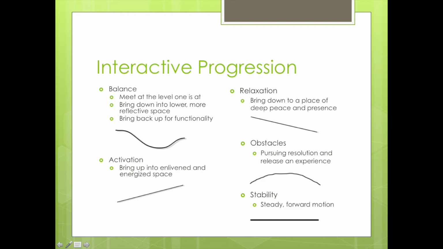When we're working with activation, we can bring a person into more enlivened and energized space. When we're attempting to relax, we can of course bring that person down to a place of deep peace and presence. When we're dealing with obstacles, we can pursue resolution and the release of an experience. When someone is seeking stability, we're going to follow more of a steady forward motion.